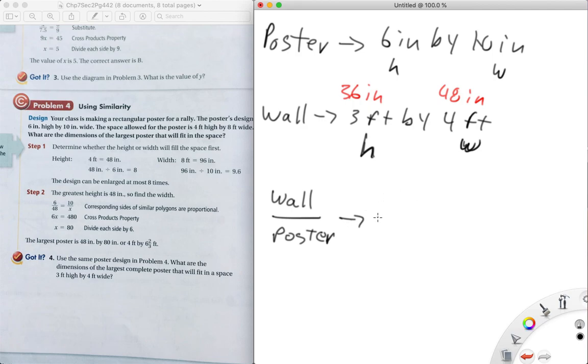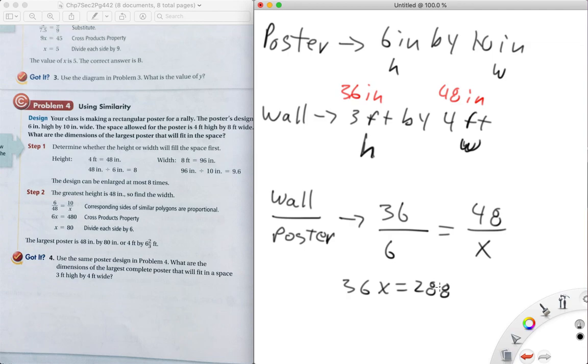Which would make the most sense. So this is going to be for the wall 36 inches in height over 6 inches in height. That's going to give me 48 inches in width, and then we have to find what that is for it to fit. So this is going to be 36 x equals 48 times 6, which is 288.